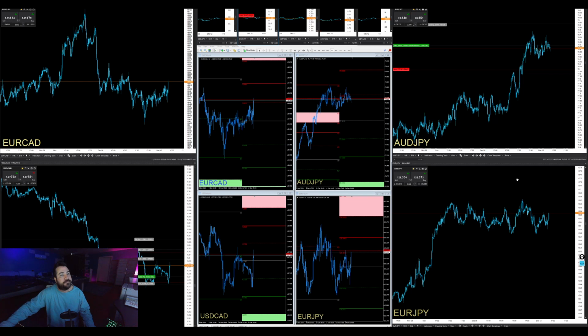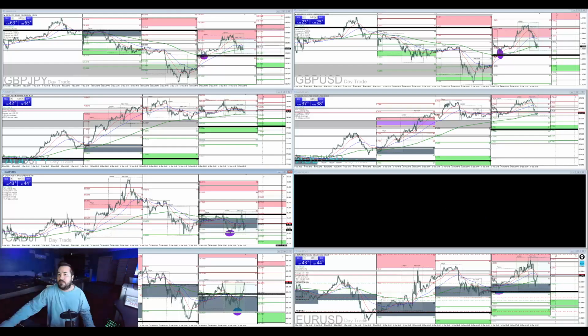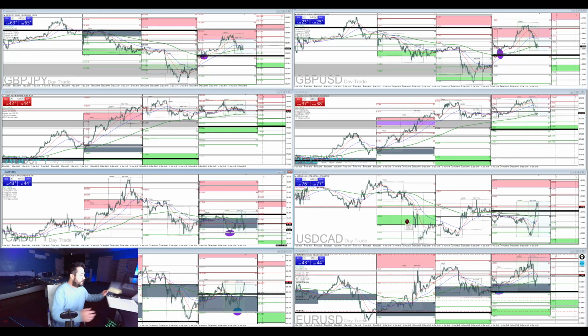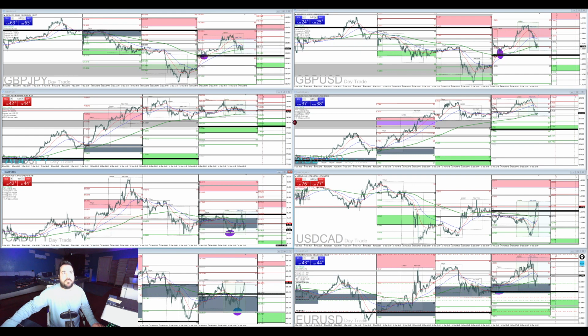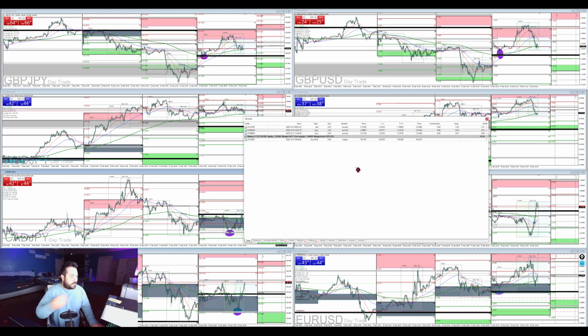There it is. Okay. Still sitting about break even on the Australian yen, and I haven't hit our take profit zone yet for the USD CAD. All right, so the pending order is number 4291.